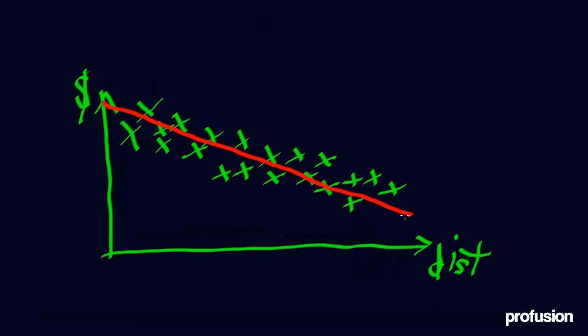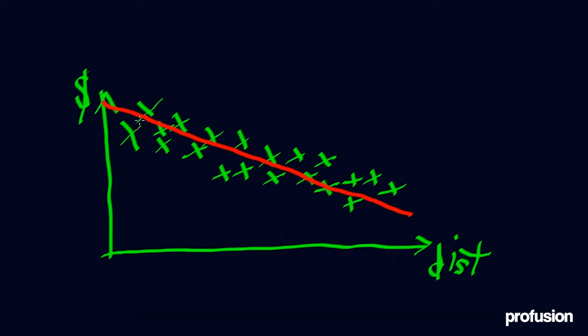And the line actually has a very clear interpretation, which is that if you sort of ignore other factors besides distance, then this red line gives you essentially the expected value, the predicted value of what a house should cost at different distances from the beach.